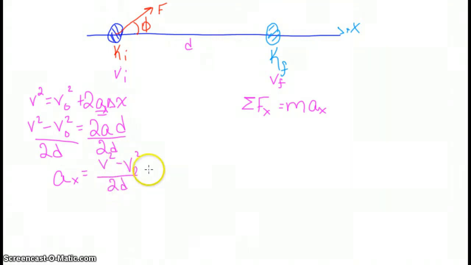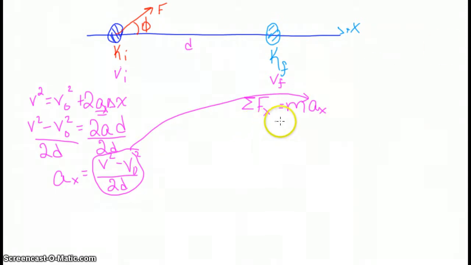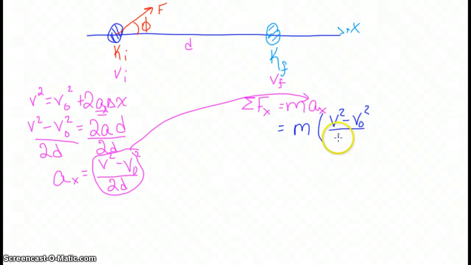If we bring that over here and we put that in for the acceleration, what we're going to have is that the net force is going to equal the mass times v squared minus v naught squared over 2d. That's going to be our force in the x direction.